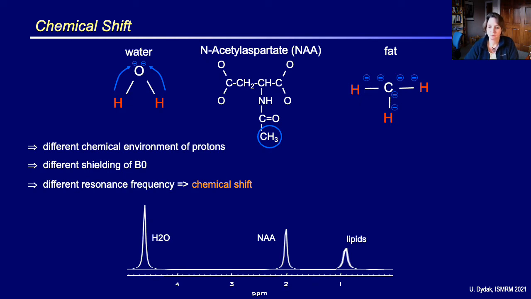Thus, there is more shielding than in water, reducing the resonance frequency somewhat for the methyl peak of NAA. Finally, in this lipid example, no electronegative atoms are anywhere nearby, and thus the hydrogen nuclei are shielded the strongest. Therefore, the lipid peak will be at yet a lower frequency, as seen in this spectrum here.